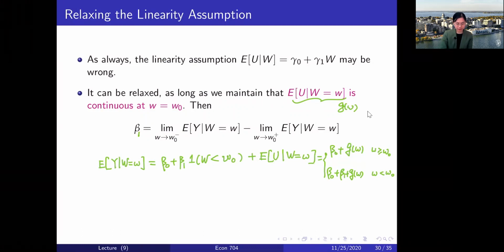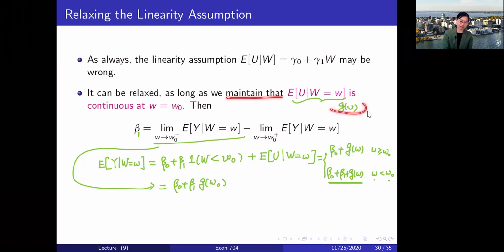And when you take the left limit, then you're taking the limit of this function as W approaches W0. So that left limit equals beta 0 plus G of W0. Notice that we maintain the assumption that G of W is continuous.